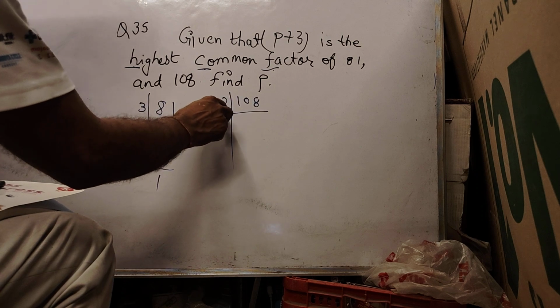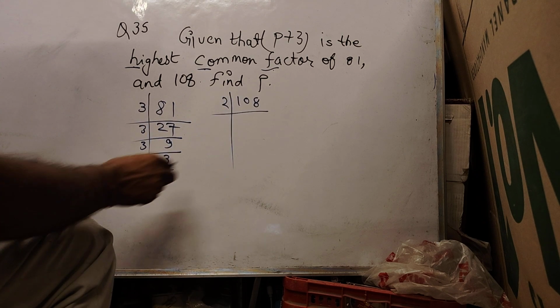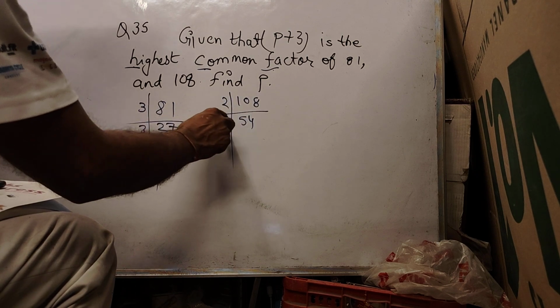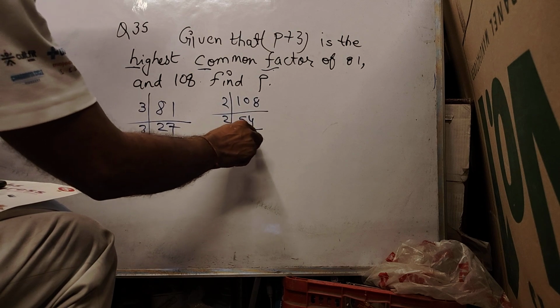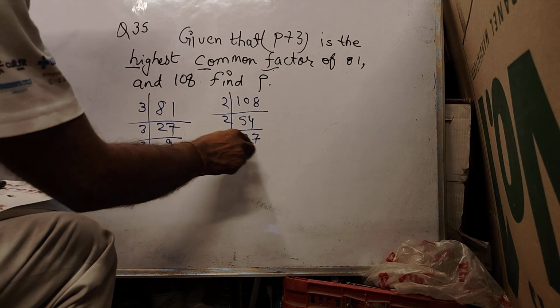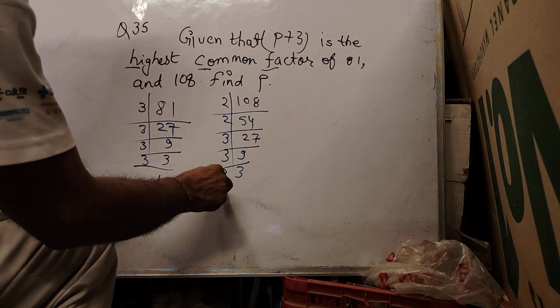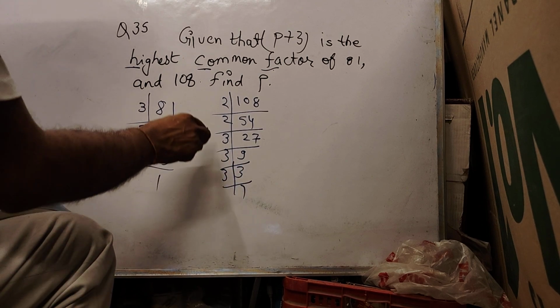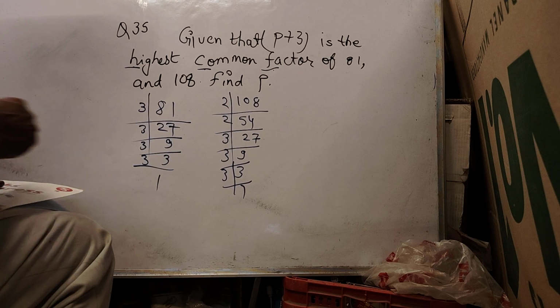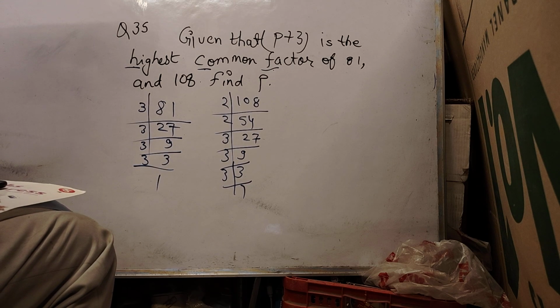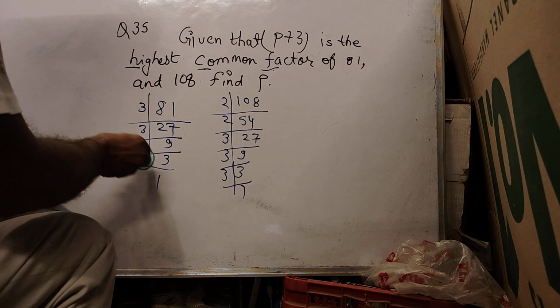Now for 108 we divide by the smallest prime number 2, 54 times, again 54 divided by 2, 27 times. Now 27 is divisible by 3, so 9 times. Prime numbers we use here to divide. So after getting the prime factors, we see in both factorizations the common is 3.